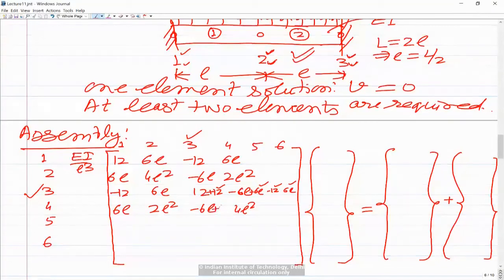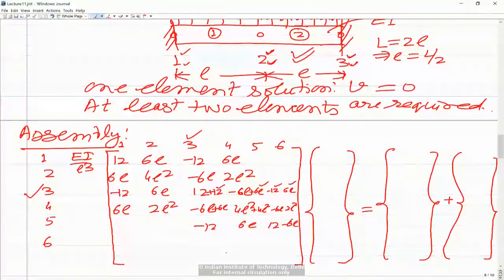So we'll have plus 6L over here, and then plus 4L square, and then we have minus 6L and 2L square. And then the third row of the second element will go to the fifth row. So we will have minus 12, 6L, 12, and minus 6L.